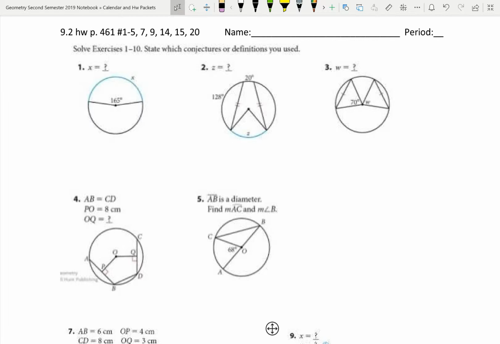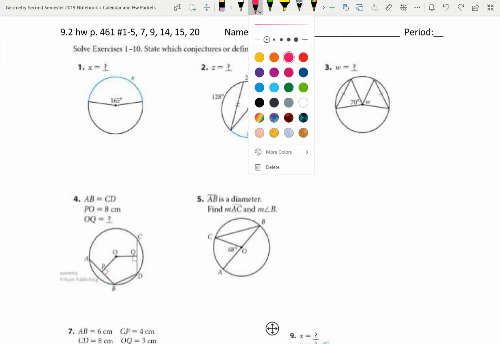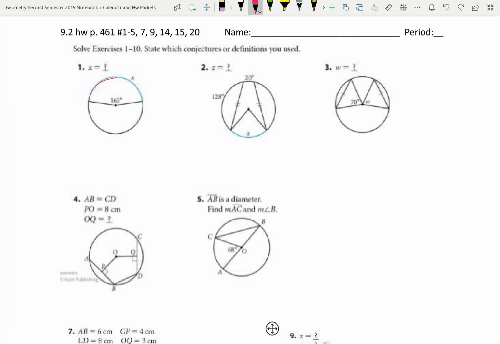First of all, they're asking you what's the measure of this arc right here. Well, you'll notice this is an intercepted arc. The central angle is 165, and so the measure of that arc will also be 165 degrees.